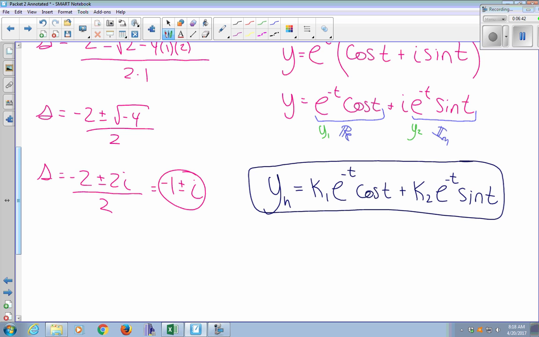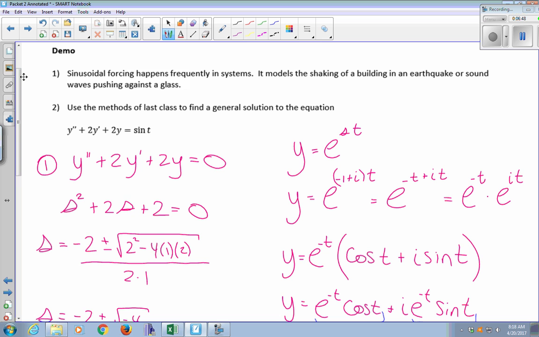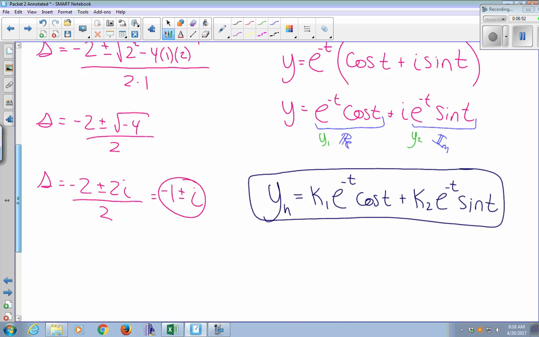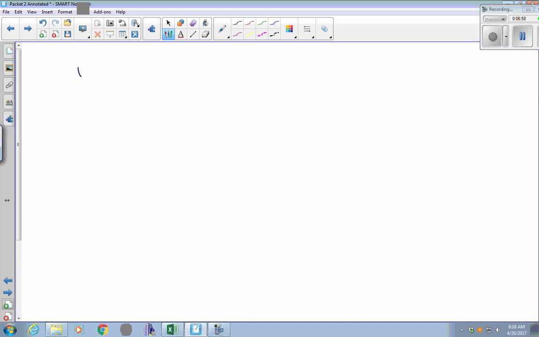Now we need a y particular that solves the forced equation with the sine t on it. I'm going to do that on a new page. Everybody's got this? All right, so it was y double prime plus 2y prime plus 2y equals sine t. And I need to guess a y particular.